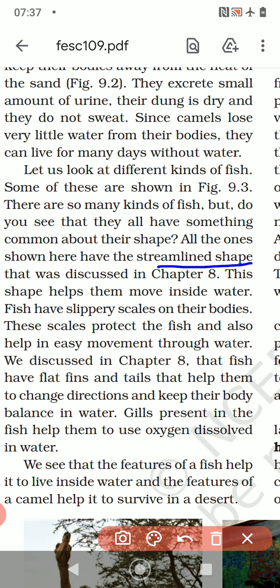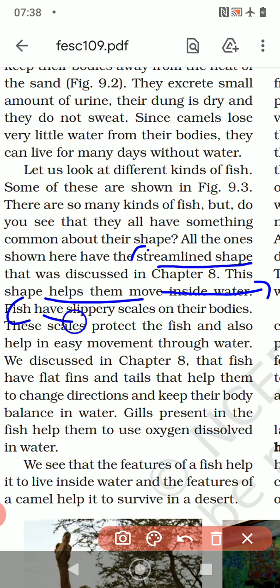Streamlined shape is tapered, meaning cone shaped at the ends and broader in the middle. This was discussed in chapter 8, so we already know. This shape helps them to move inside the water. So this is the first point: all fishes have a streamlined body which helps them to move in the water.